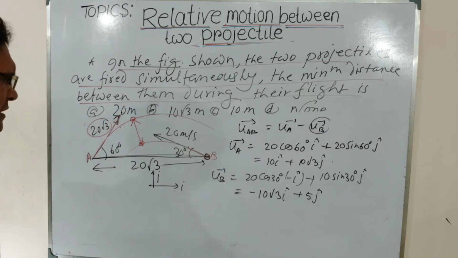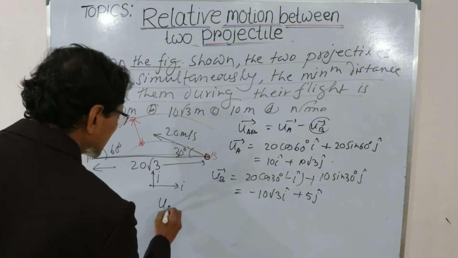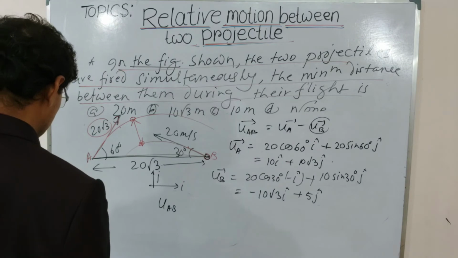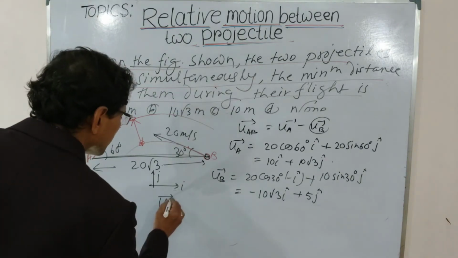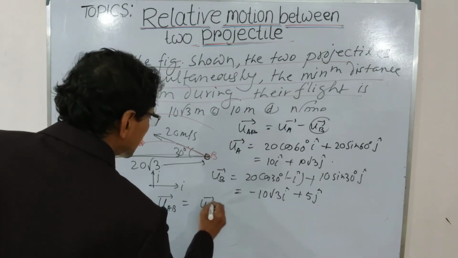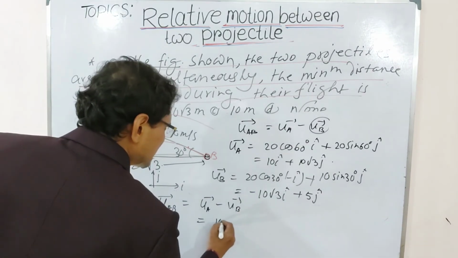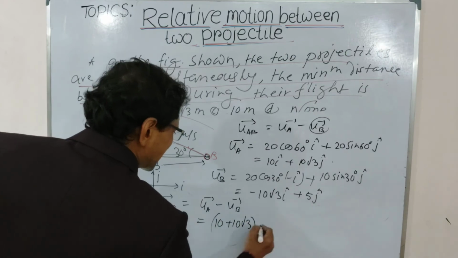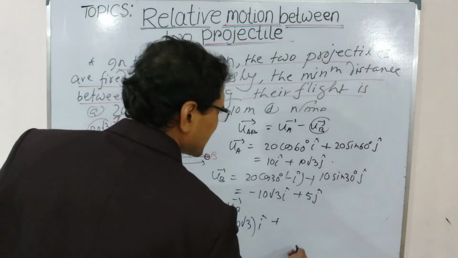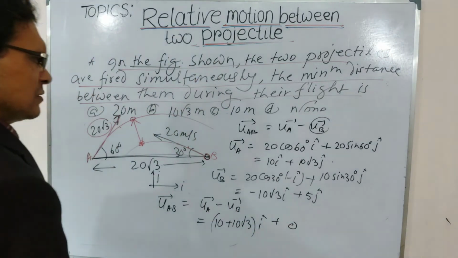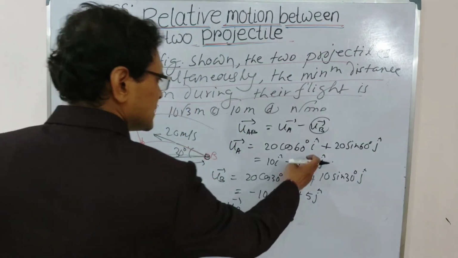Now find UAB. UAB equal to UA minus UB. So this minus this. 5j minus 5j, 0. Sorry. This minus this.